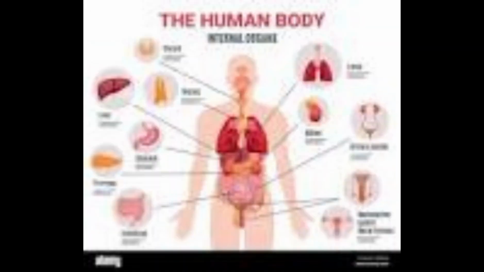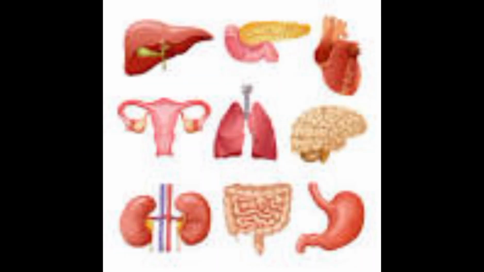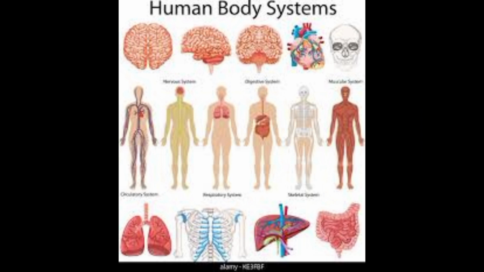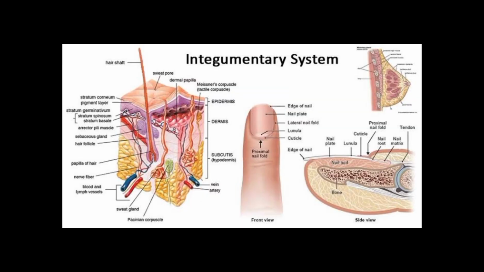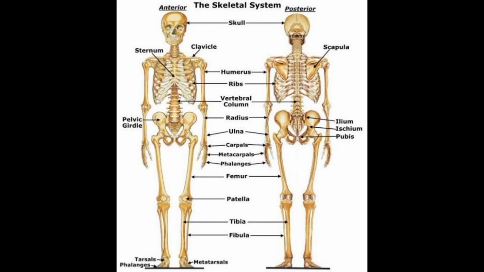Organs are structures of 2 or more tissue types working together to carry out a particular function. Examples include the heart, stomach, and kidney. Organs then form organ systems, which are groups of organs that all contribute to a particular function. All of the organ systems together form a human organism.